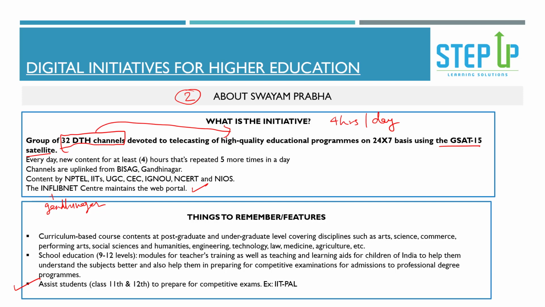That means if, let's say, you want to prepare for IIT and you don't have the access, you can prepare using IIT PAL, which is a program for aspirants who want to join IIT. And here you can discuss multiple things like maths, physics, chemistry, bio, these 4 syllabi, right? So this is around your Swayam Prabha.